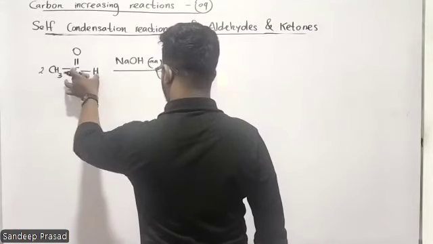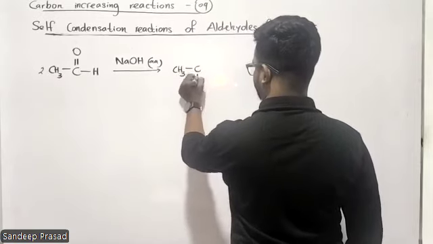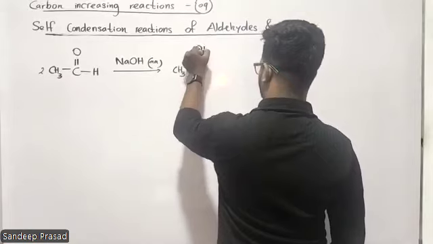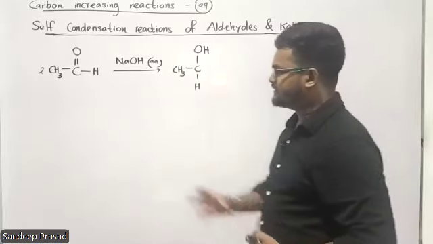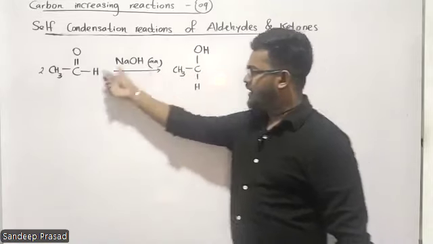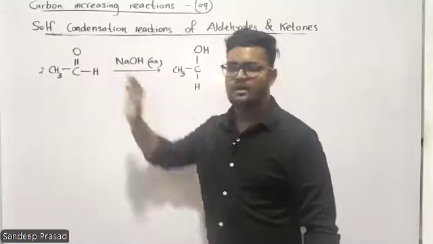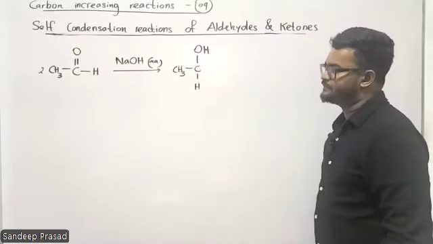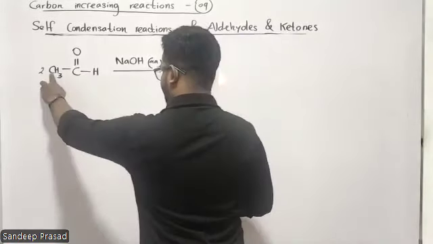Let me take this carbon hydrogen bond down. I can change this carbonyl group oxygen to OH. That's what we have to do first. I took the CH3 C group here, took this carbon hydrogen bond down, and changed this carbonyl group C double bond O into C OH. The next thing is to go for the alpha carbon.